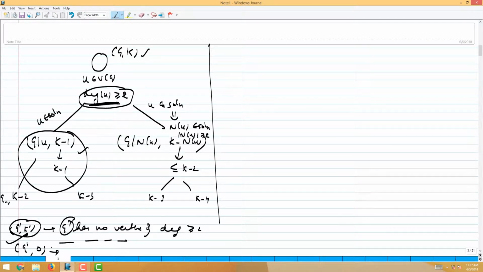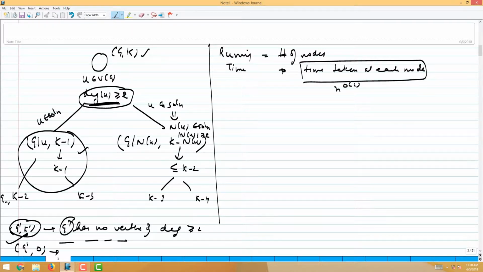So again, the running time of this branching algorithm is equal to the number of nodes in this branching tree times the time taken at each node, which is some polynomial. So again, it boils down to finding how many nodes are there in this branching tree, right?